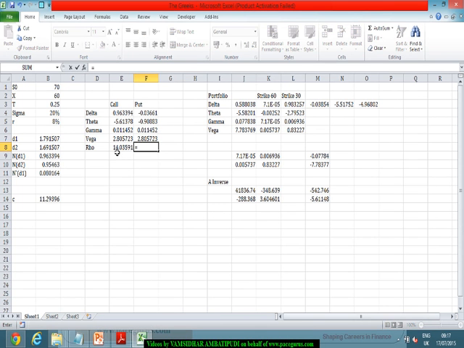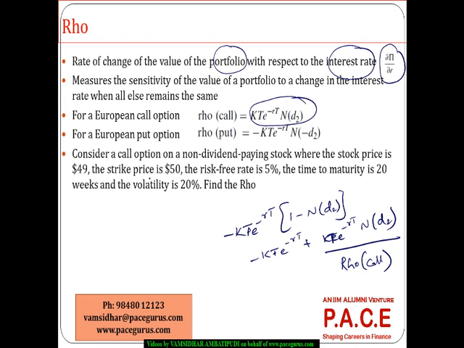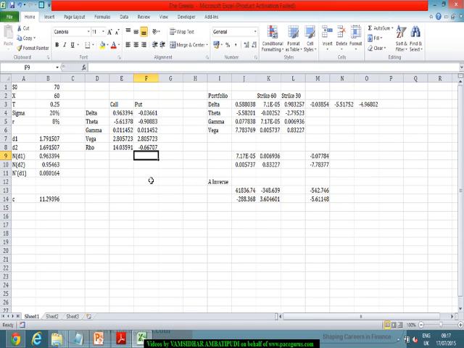So rho of the call minus KT e power minus RT is the rho of the put, which is coming out to be negative here. So we have used a numerical example to finally compute all these 5 Greeks, which are very heavily in use.